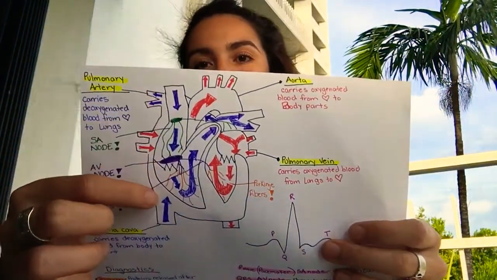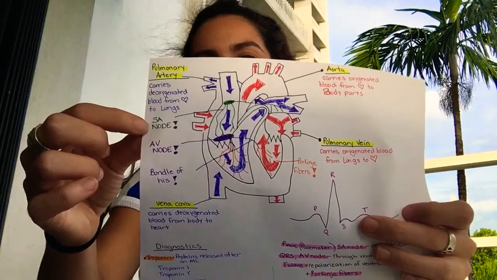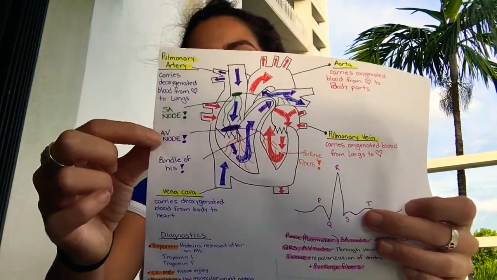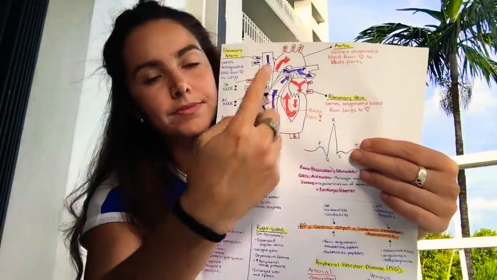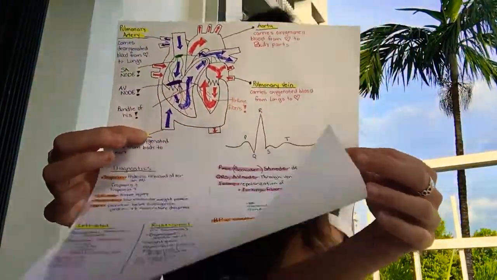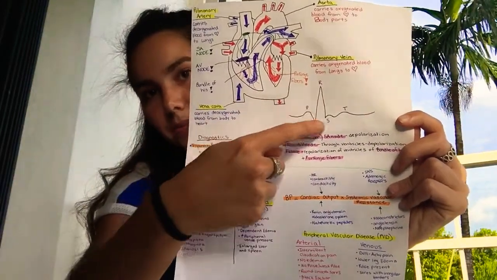Then I go into the SA node, AV node, bundle of His, and I incorporate it in the heart. And then you can see here the EKG. There's little side notes that I put in here.